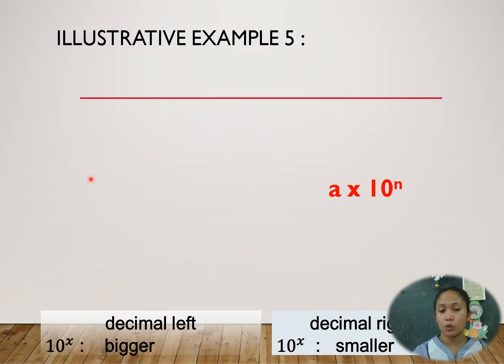Illustrative example number 5. The given here is 9 times 10 to the power of 4 multiplied by 6 times 10 to the power of negative 7. So the operation here is multiplication. Thus, we can use the law of exponent, which is the product of a power.